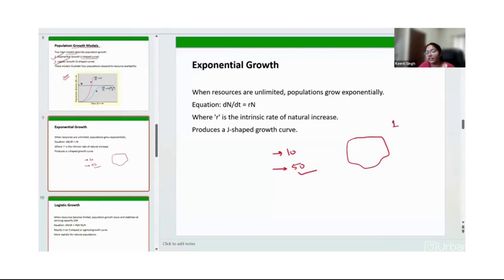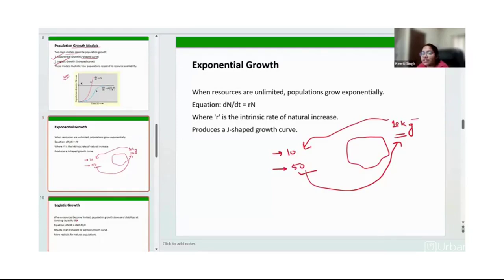Suppose 10 kg of food was there to be used by these 10 individuals, but now the same food is going to be distributed among 50 individuals. Of course the resources have declined, right? So there will be a decrease in the growth of the population after this.